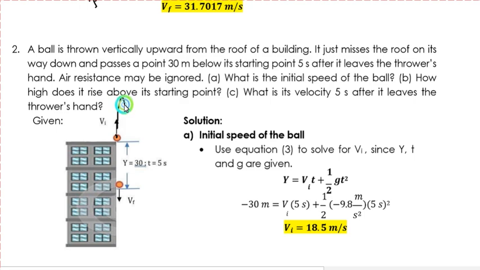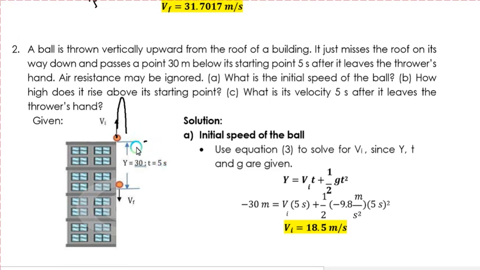And then it goes down, towards here. Then on the way down, it does not return to its original position, but goes straight down. Then it says here, passes a point 30 meters below its starting point. So this is 30 meters, from here to here, after 5 seconds from leaving the thrower's hand. So it has passed 30 meters, after 5 seconds it passed that point.